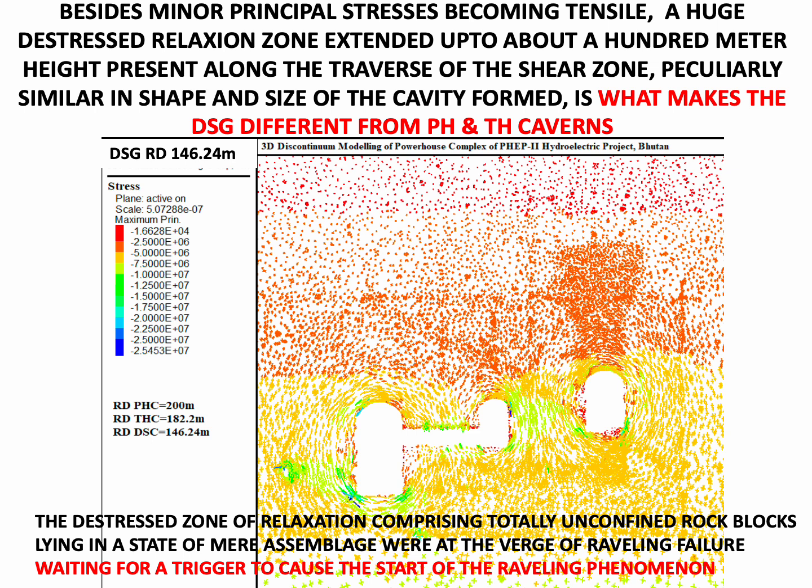The phenomenon of disintegration of rock blocks progressed towards the higher elevations in this distressed zone above the crown in the Downstream Surge Gallery. The raveling fall of these loose rock blocks lying in the distressed zone happened in suddenness because the rock mass, with the increase in the rate of strain, behaved more and more brittle.